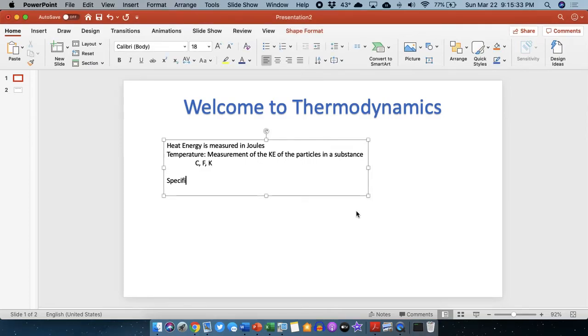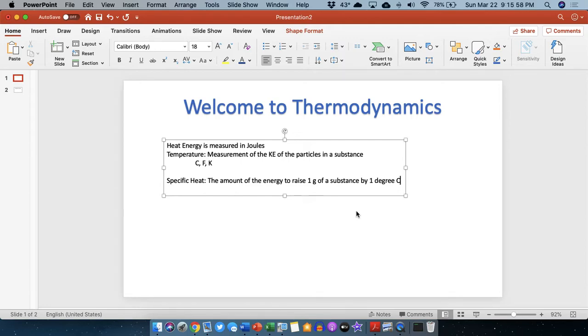Specific heat is defined as the amount of energy that it takes to raise 1 gram of a substance by 1 degree Celsius. So however much energy it takes to raise 1 gram of whatever you have by 1 degree Celsius.